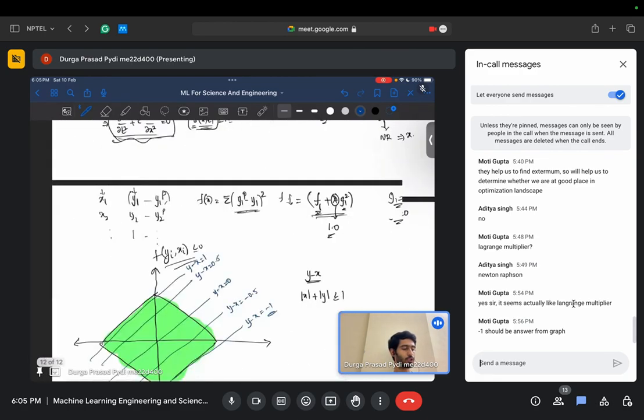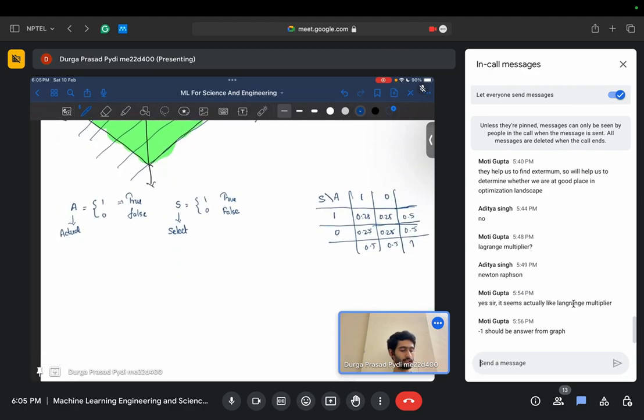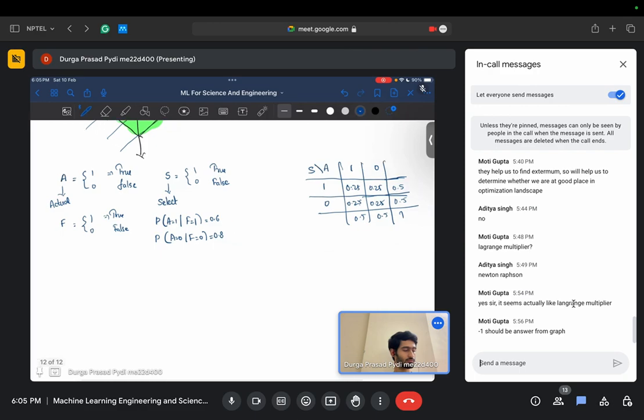Now if I define a new event F for the friend, he can again mark two things: either true or false. What I am saying is, whenever the friend said 1, the actual answer is 1 with a probability of 0.6, and whenever he said 0, the probability that the actual answer is 0 is 0.8. So this is what is given.